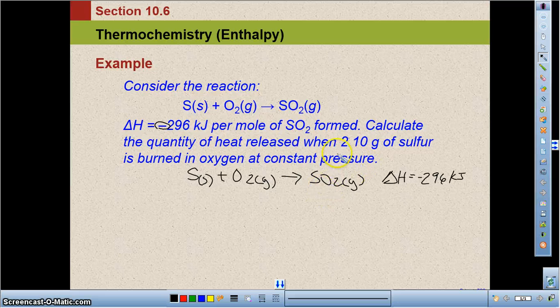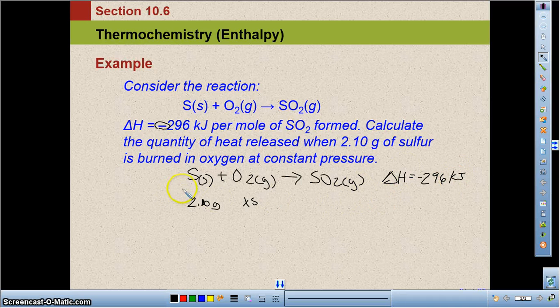Let's write the information we have for the problem. It says calculate the quantity of heat. So I want to know delta H when I take 2.10 grams of sulfur and burn it in excess oxygen at a constant pressure. And I want to know how many kilojoules this reaction is going to give off.